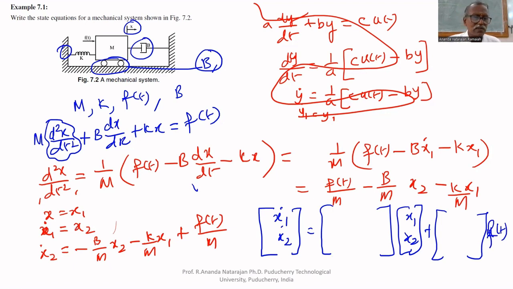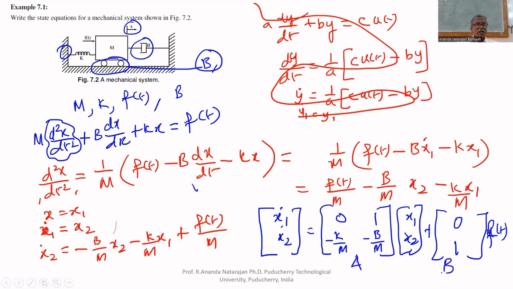Here, what is the first equation? Only x2 is there: 0, 1. Second equation, x1, x2 both are there: minus k by m, minus b by m. Here, this f of t is in the second equation only, not in the first equation. This is the A matrix, this is the B matrix. We wrote in state space model.